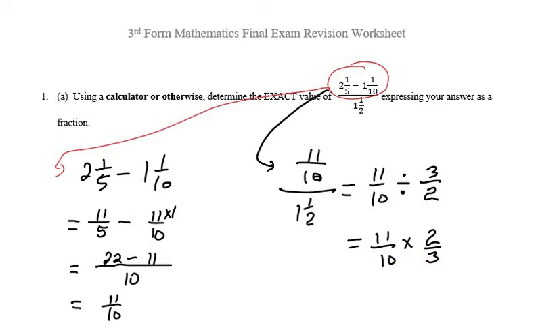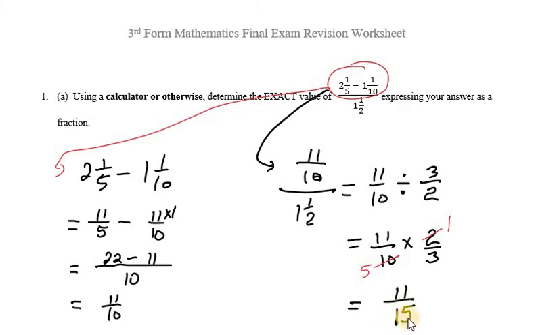Now, let's simplify further. We're going to say 2 goes into 2 once, and 2 goes into 10 5 times. And the next step, we're going to multiply numerators. 11 times 1, which is 11, and 5 times 3, which is 15.